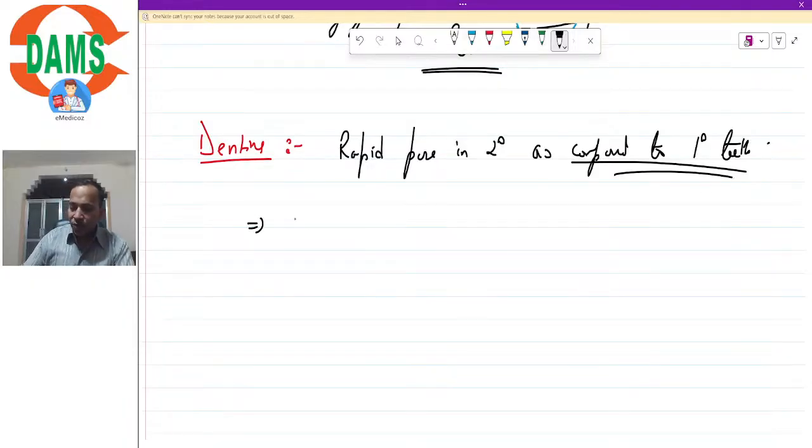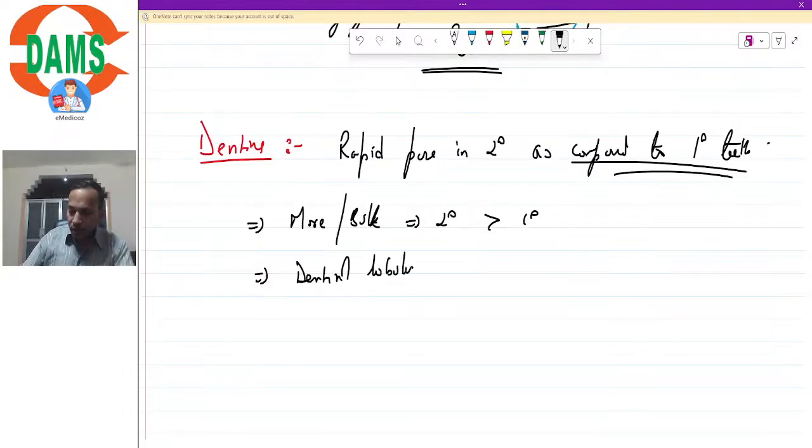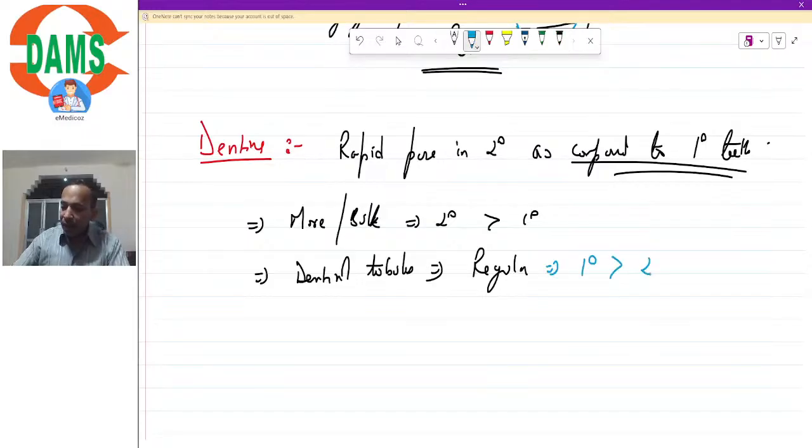There are not many differences between primary and permanent, but more bulk would be seen in permanent as compared to the primary. Dentinal tubules, where do you think there would be more regular as compared between the primary and permanent? They are more regular in primary as compared to the permanent dentition.